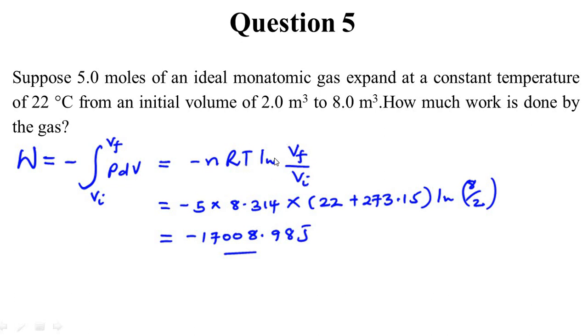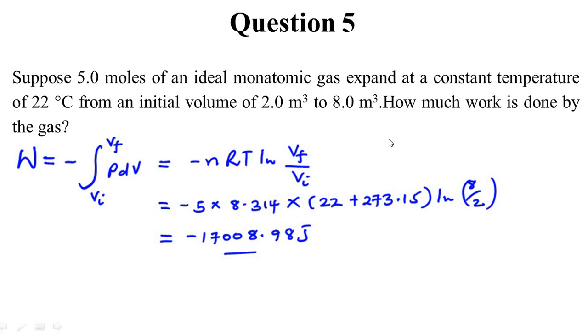Vf over Vi. This natural log comes from the fact that V is the only variable here. Pressure, remember, we can associate with the expression for an ideal gas, which is PV equals nRT.